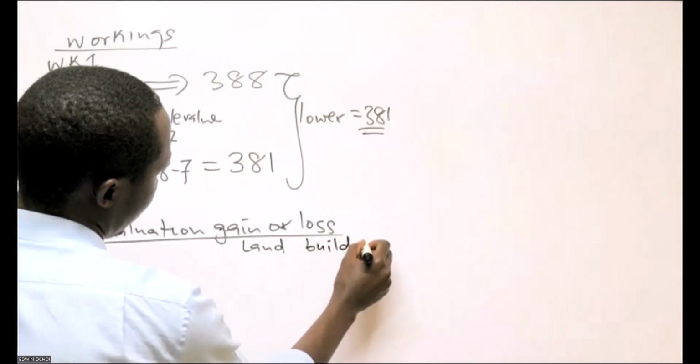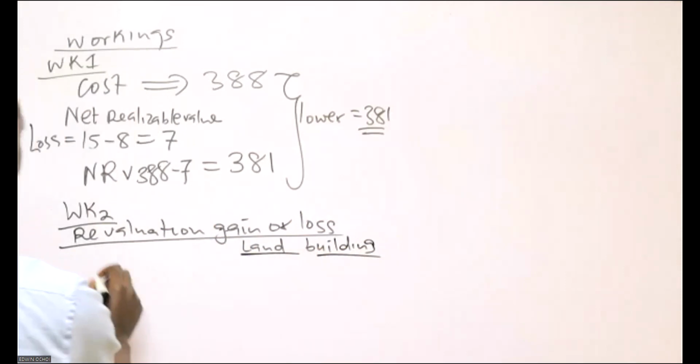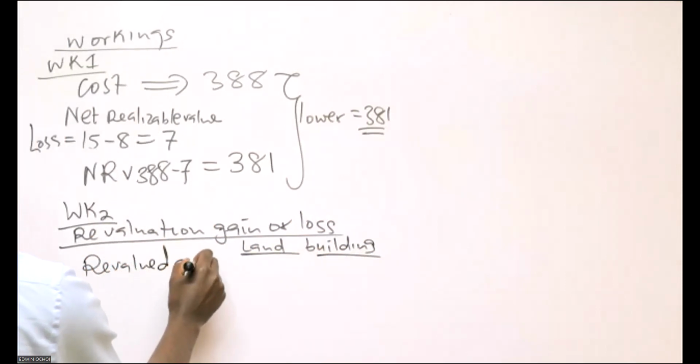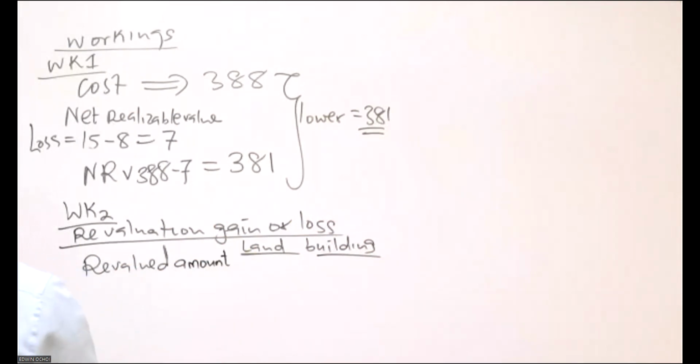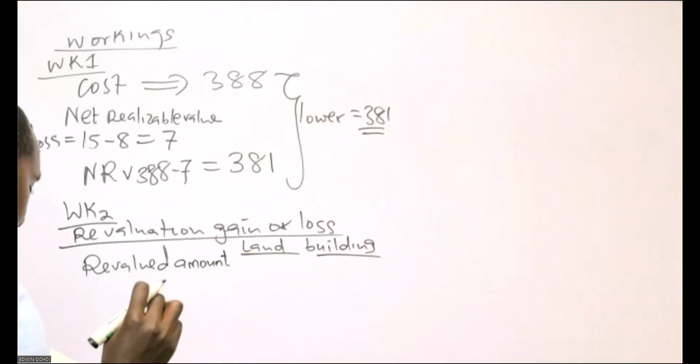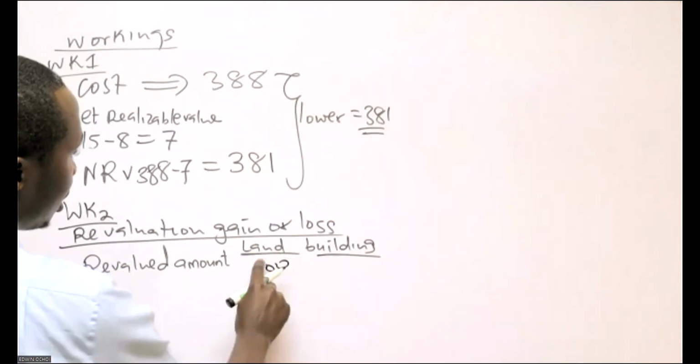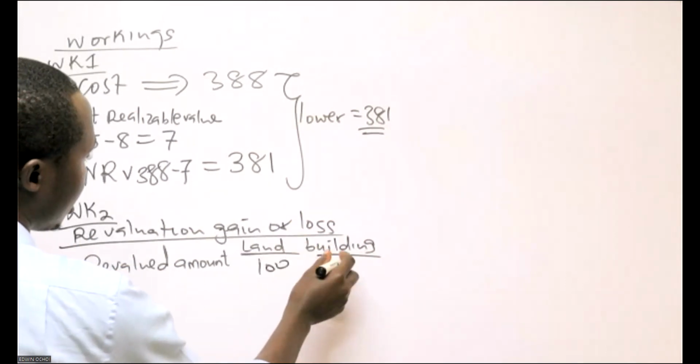So we always start with the revalued amount. The revalued amount is what is given in the additional information. Land is 100. The total for both was 800, meaning that building is 700.